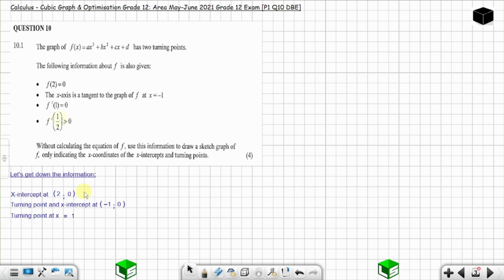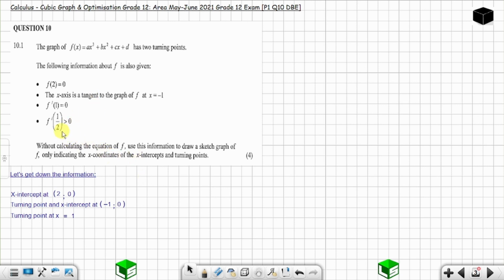We carry on. Now you have f'(1/2) > 0. Whenever the first derivative is greater than 0, you know that the graph is increasing. If the first derivative is less than 0, the graph is decreasing.